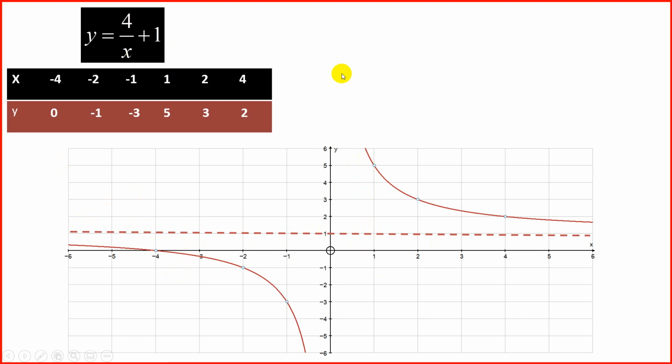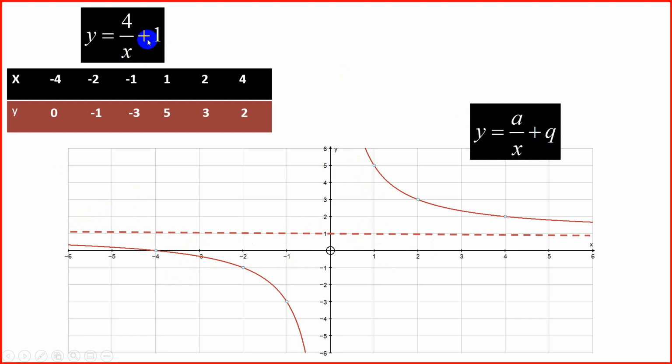Let's investigate this graph a little further. y equal to a over x plus q. So what is the effect of q? In this case, what is the effect of the plus 1 to the graph 4 over x? First, we note the asymptote. The new asymptote is y equal to 1. In the previous graph of y equal to 4 over x, the asymptote would have been the x-axis.